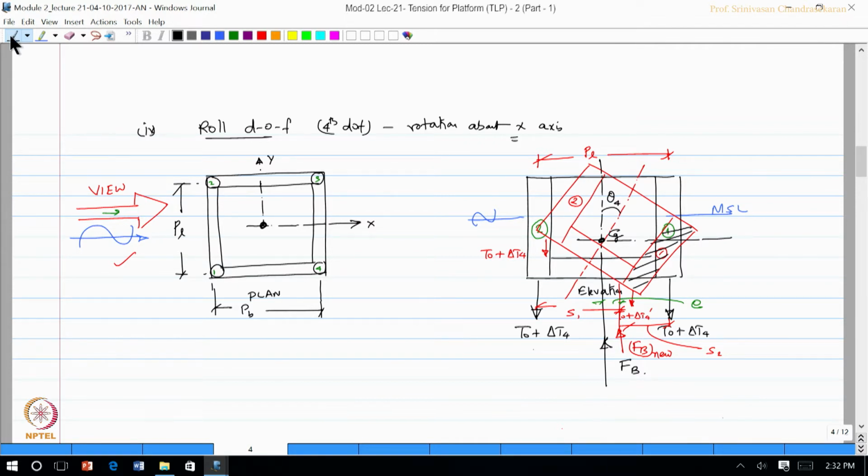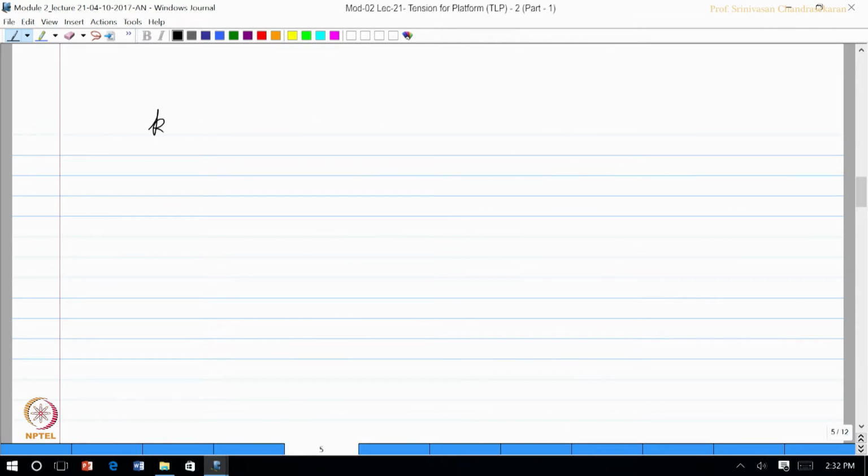The forces could be K 3 4 and the rotation which is K 4 4. Let us try to derive this. So, K 1 4 will be 0 because no force is developed in surge degree due to unit rotation in roll degree.